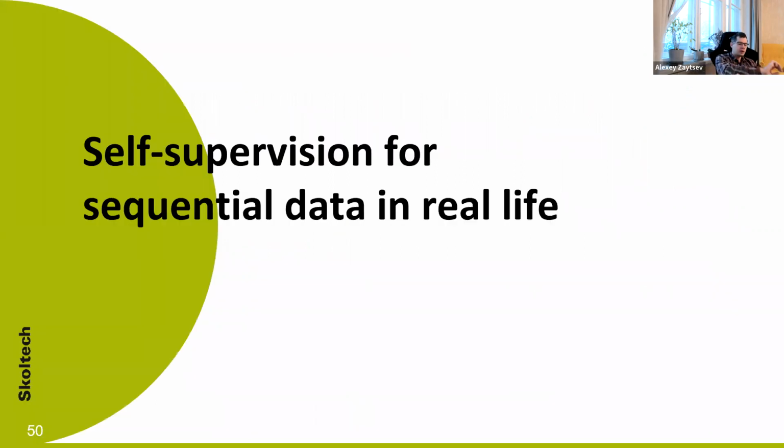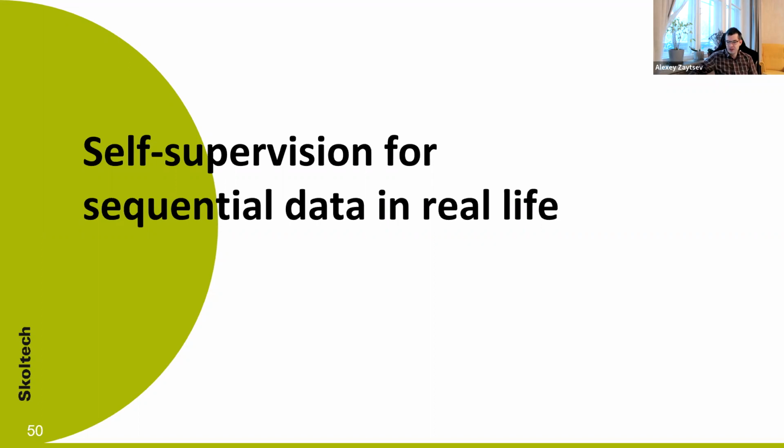Okay, and now let's examine some results we observed when we, and other people too, tried to apply these approaches in real life to problems slightly different from images. In particular, we'll consider sequential data, which is quite natural for this course.